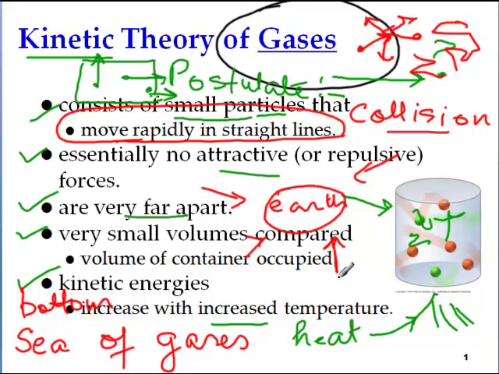Because we have gas particles all around us, as we go higher up, the air gets thinner, because there is less gas on the top. Okay, so this was mainly an introduction to the gases.